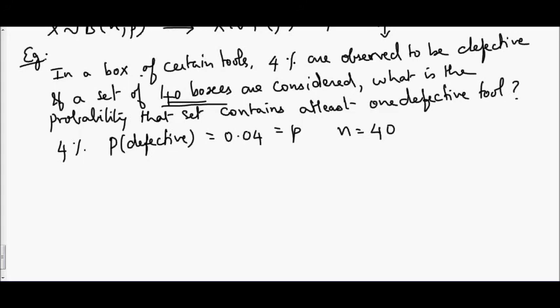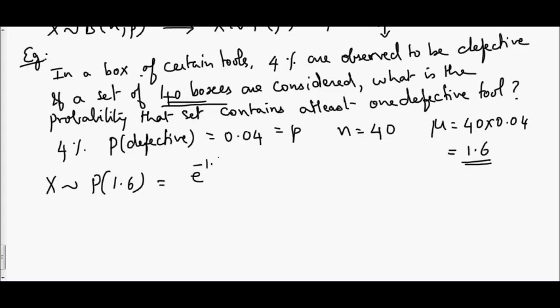Therefore, you can use Poisson distribution here, where mu is equal to 40 times 0.04, which is 1.6. Using 1.6 as your mu, P(X = x) is e to the power of minus 1.6, times 1.6 to the power of x, divided by x factorial.